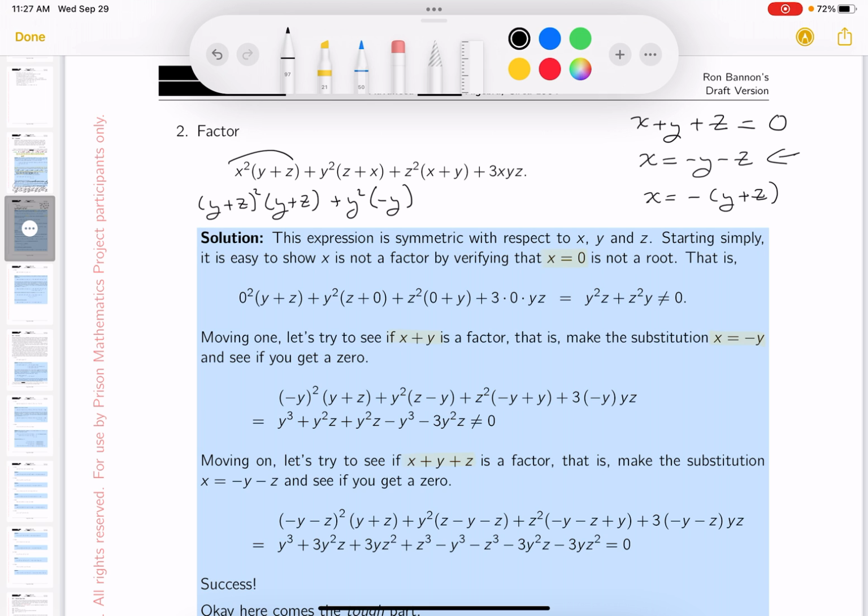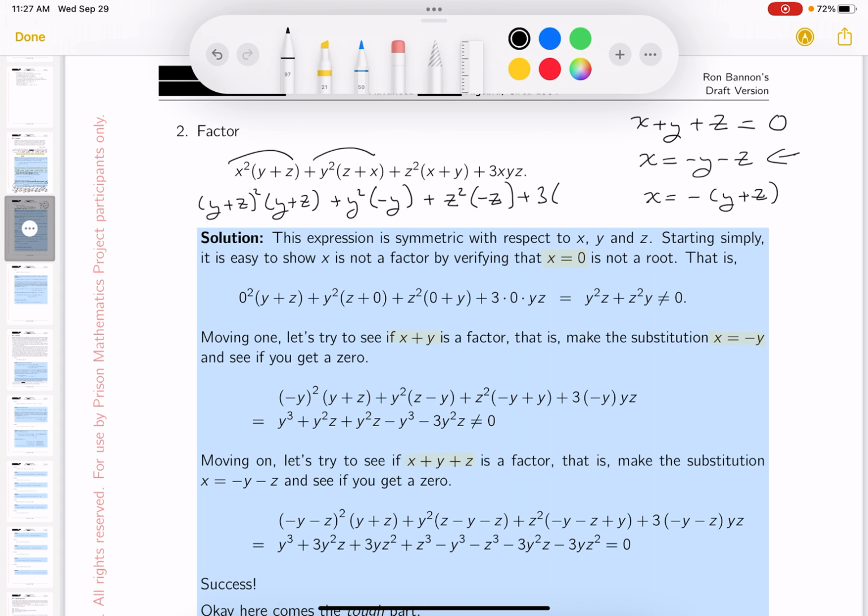Let's keep moving. I just did this one. Let me do the next one. That's z squared. All right. Now, what's x plus y? Right, I got to think about it. Well, x is going to be minus y minus z, so I just get minus z. All right, here comes a tough one. 3.